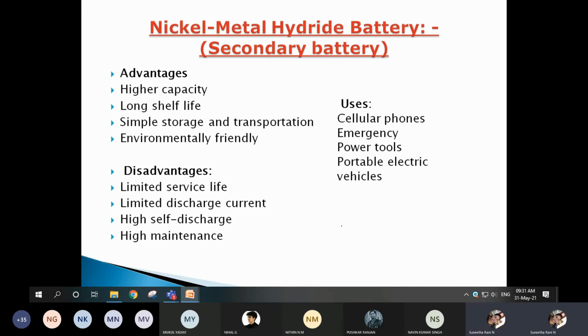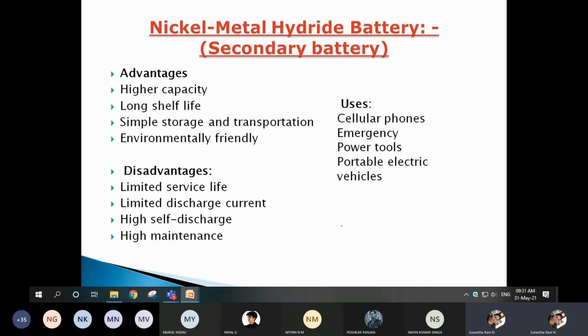So nickel metal hydride battery advantages, disadvantages, and uses. You can see here. The advantages are it has a higher capacity, longer shelf life, and shelf life means how long it can survive, meaning it can be recharged and discharged. That is the shelf life.